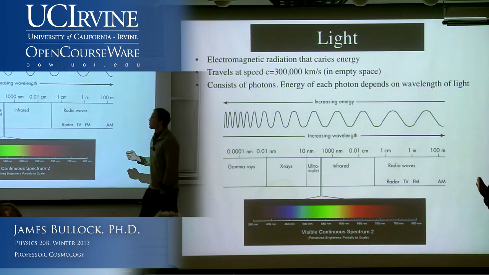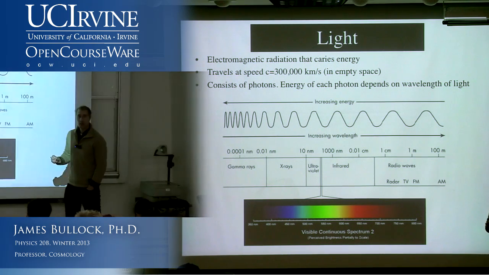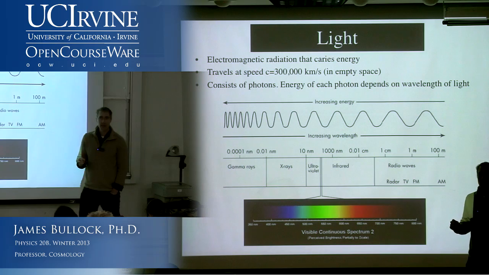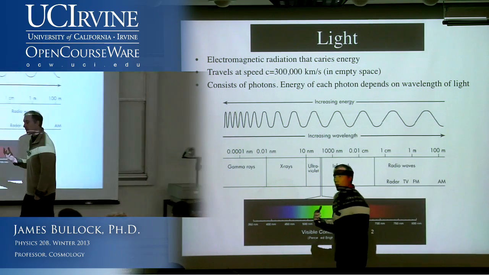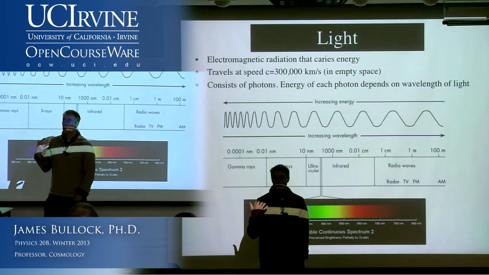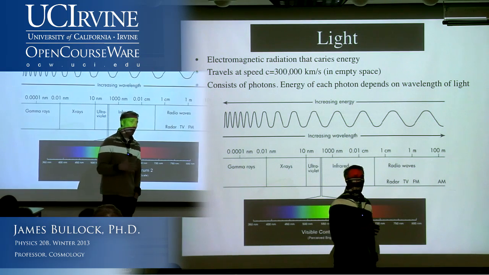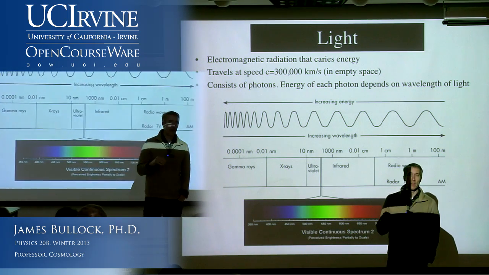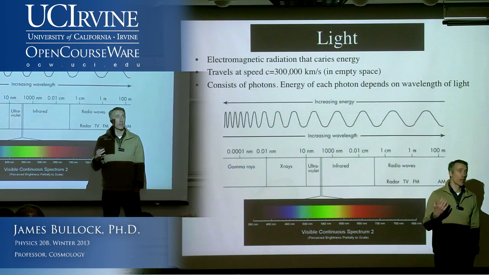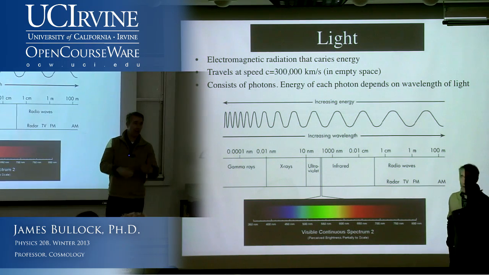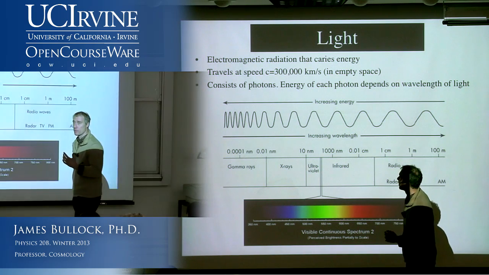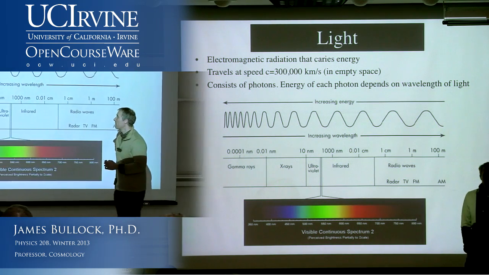It travels at a speed of about 300,000 kilometers per second through empty space. But it travels at a different speed through other types of materials. Light travels more slowly through glass or water than it does through air, and that matters if you want to construct lenses or manipulate the paths of light as it travels through different materials.